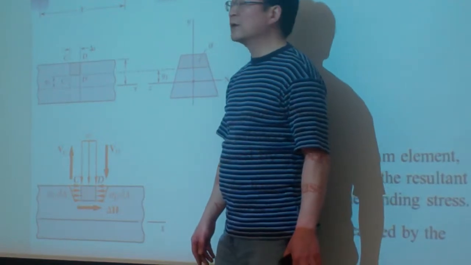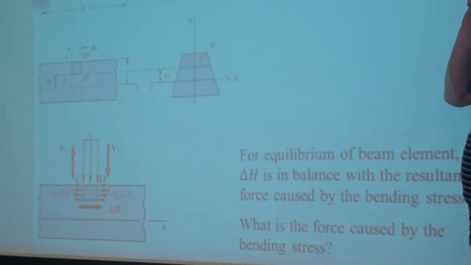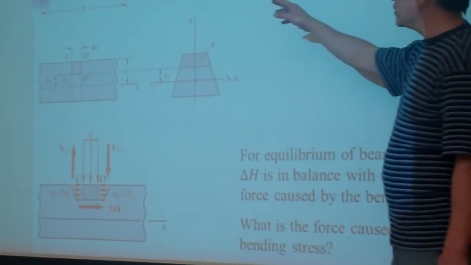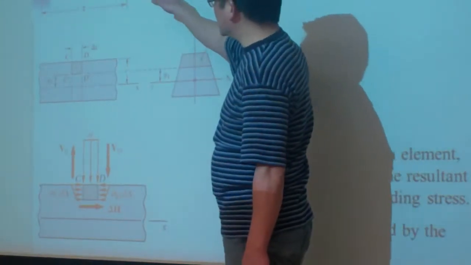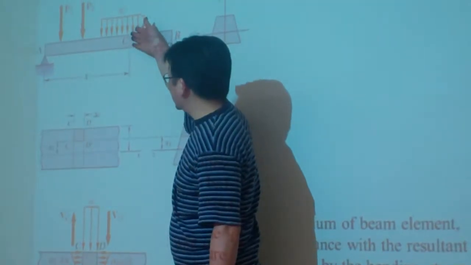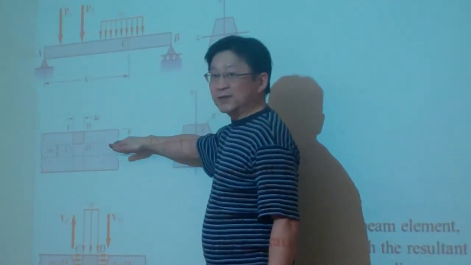Okay. So before we kick into the detailed calculation, right away you must know that for a beam under any general loading conditions, the transverse loading must in general exist there. That transverse loading will induce the horizontal force there.